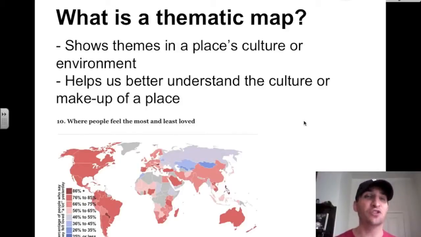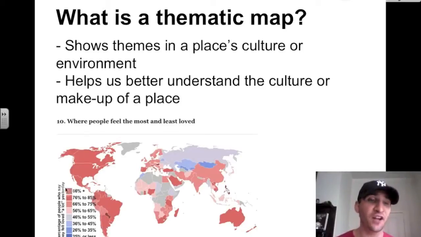Thirdly, what is a thematic map? A thematic map shows themes in a place's culture or environment. A thematic map helps us better understand the culture or makeup of a place. This is an example of a thematic map that was published in the Washington Post. And its title says, "Where people feel the most and least loved."